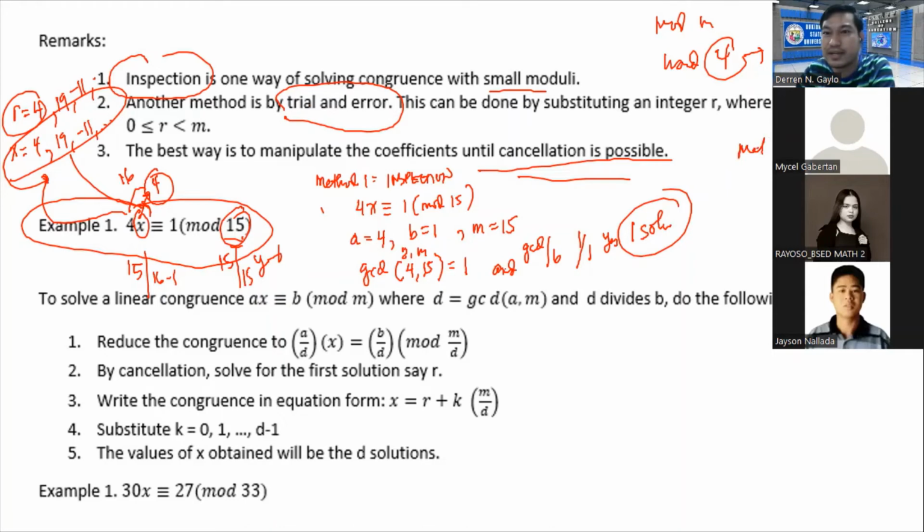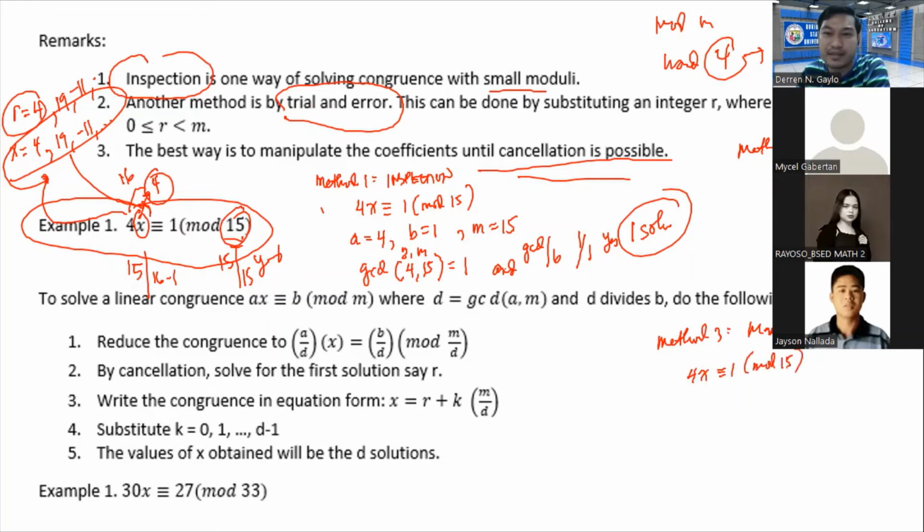I won't go through it, anyway, you can try trial and error yourselves. Here in method 3, method 3 is manipulating coefficients. So 4x is congruent to 1 modulo 15.